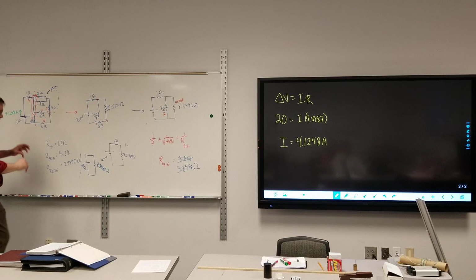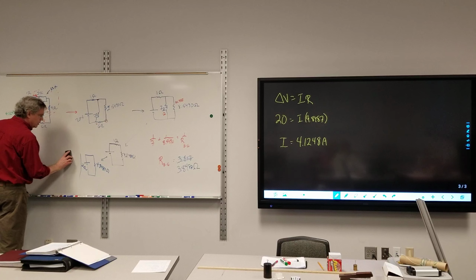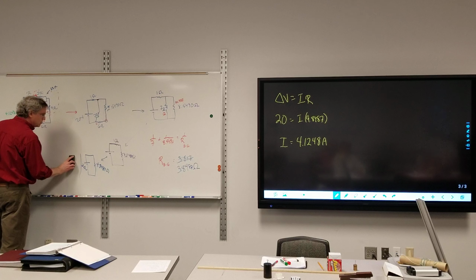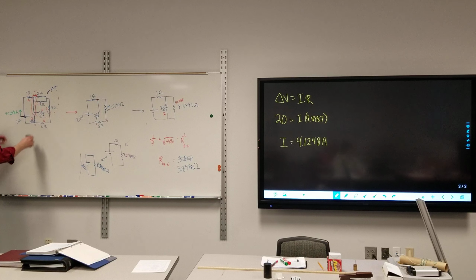And I want more room here, so I'm just going to make this bigger.